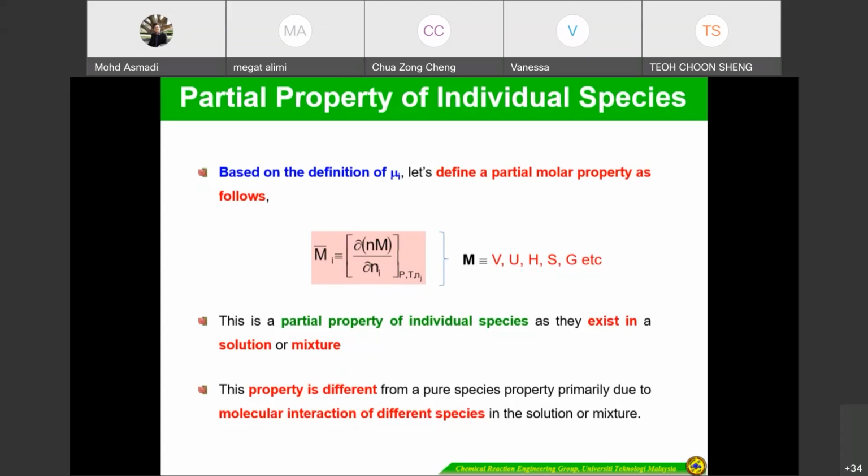Attraction and repulsion become significant at high pressure and also high temperature. So that's why the properties are different once you mix.